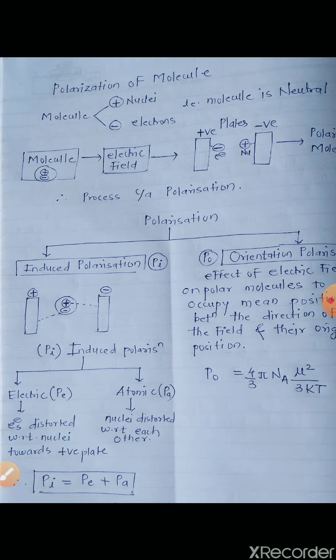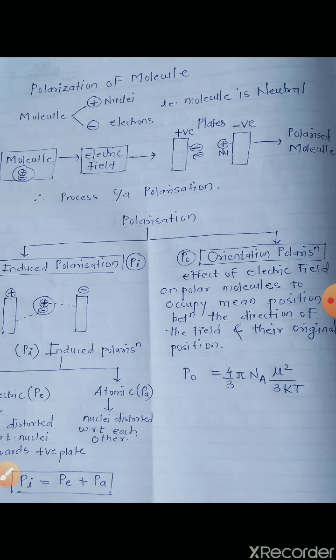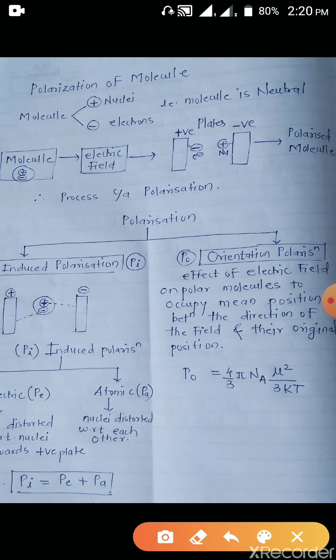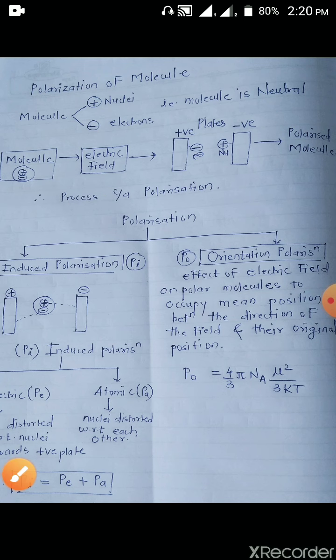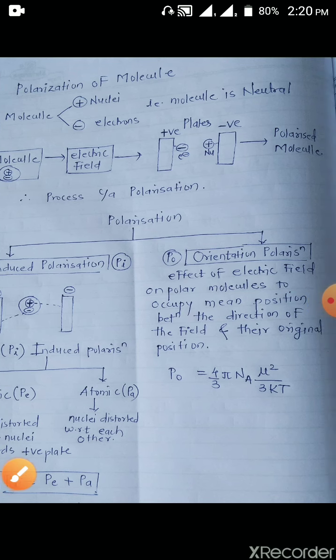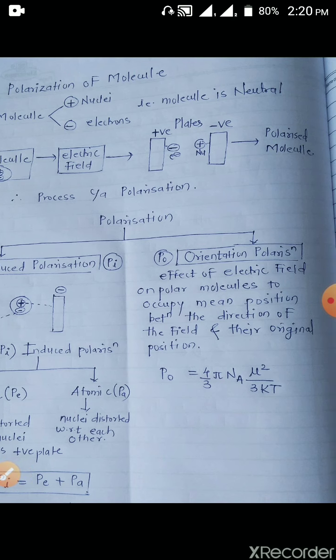Again the same thing we will see here. When a molecule is placed in an electric field, the negatively charged electrons in the molecule will be attracted towards the positive plate, and the positively charged nuclei will be attracted towards the negative plate.